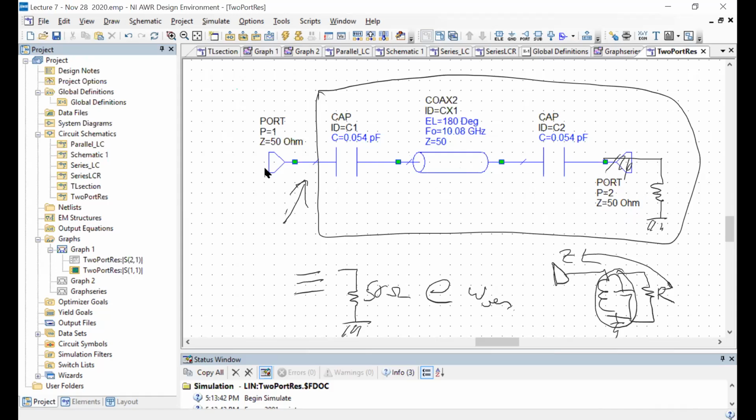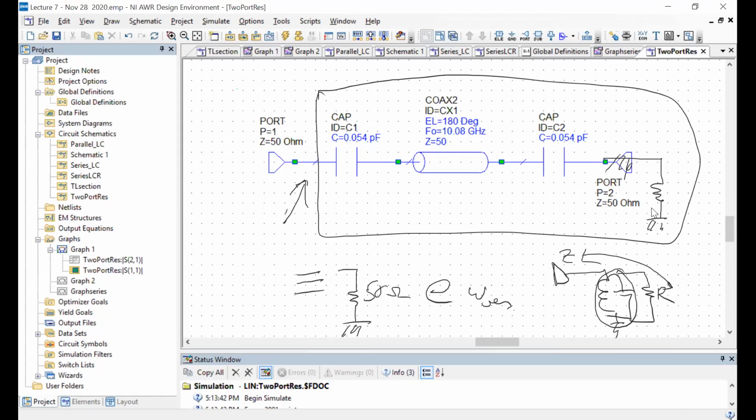Okay, and that is the lossy component in this otherwise lossless system. So the fact that energy is flowing into a matched load here in a transmission setup is equivalent to having a lossy component, which is, in this case, of course, 50 ohms.